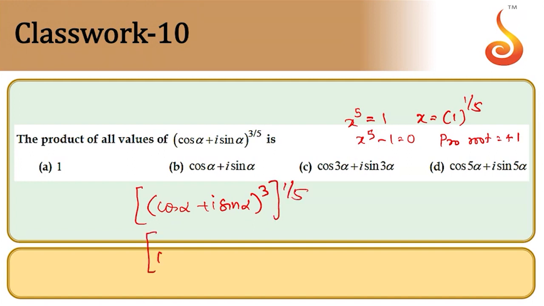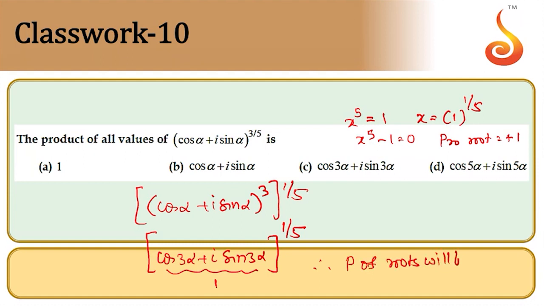So this will give you cos 3 alpha plus i sin 3 alpha to the power 1 by 5. So clearly this is behaving like 1. Therefore, the product of roots will be cos 3 alpha plus i sin 3 alpha.